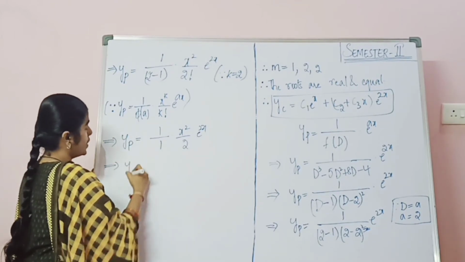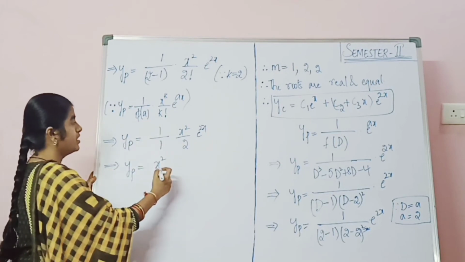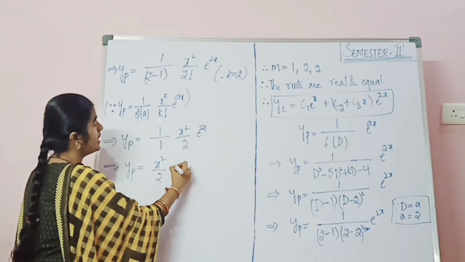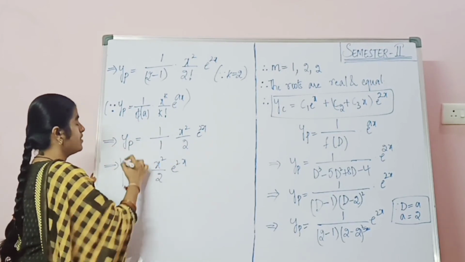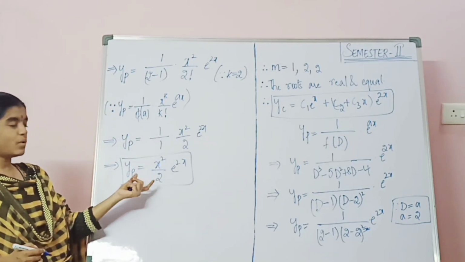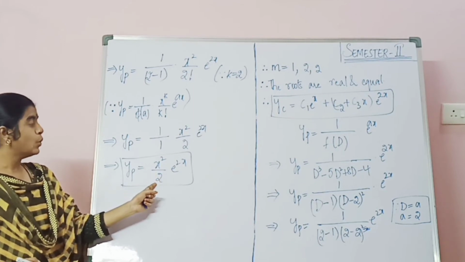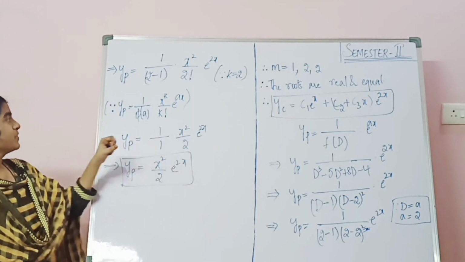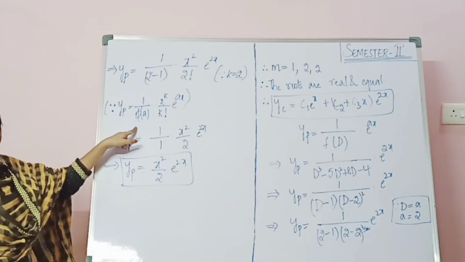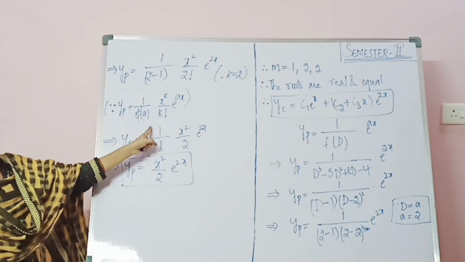So Yp equals x square by 2 into e power 2x. This is the particular integral.